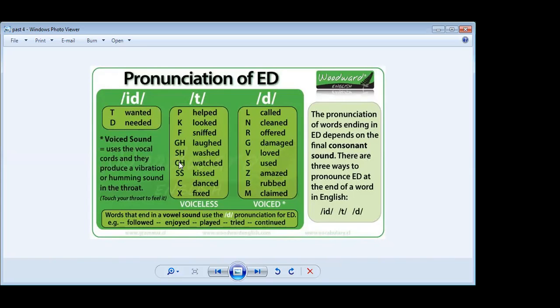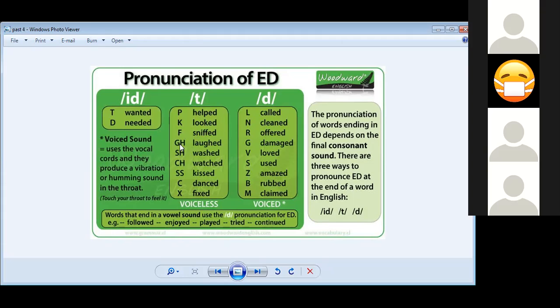So when the last letter of the verb is P, like help, K, like look, F, like sniff, also GH as F, like laugh, SH, like wash, CH, like watch, S, like kiss, also S, like dance, and X, like fix.